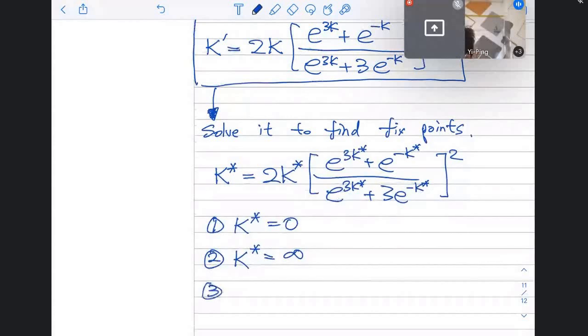The non-trivial one is when you set this to be 1 over square root of 2, then you take the square, you basically kill this 2, and K star equals K star, then you are happy.